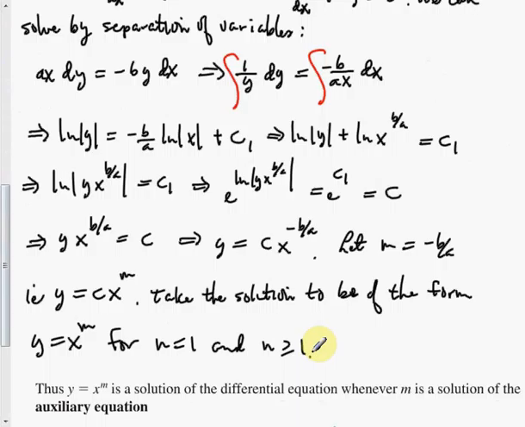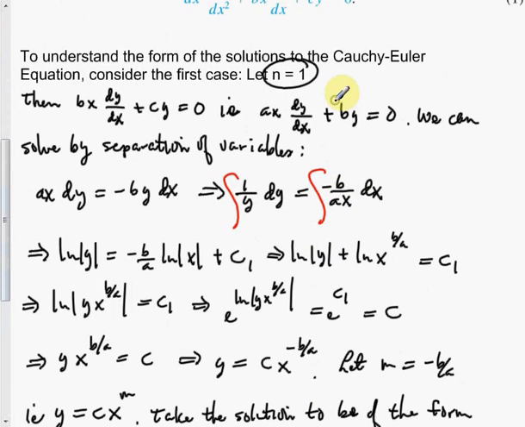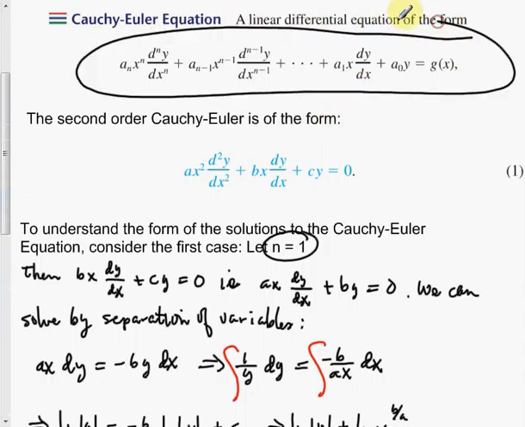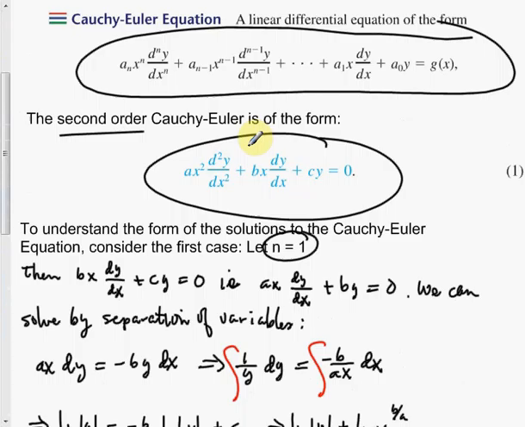So here's the point. If we have a Cauchy Euler differential equation, what is that? A differential equation of this form here, and ideally for today we deal with the second order Cauchy Euler, so we primarily focus on equation number 1.